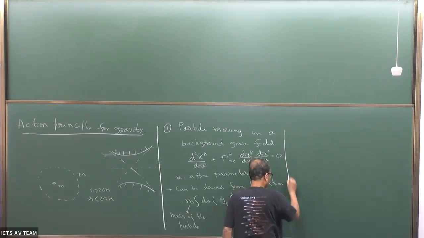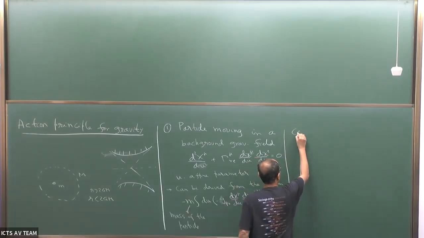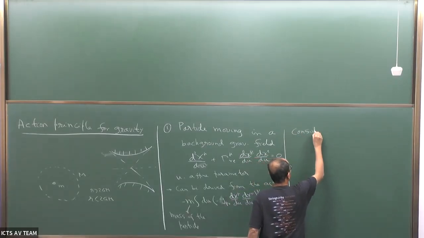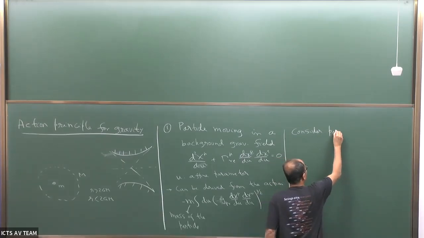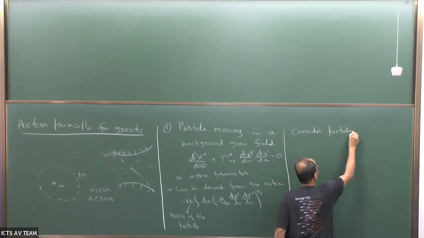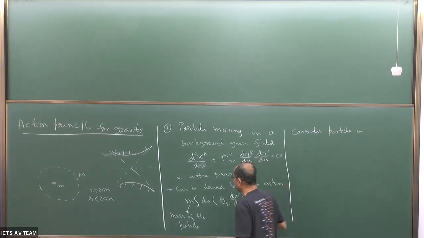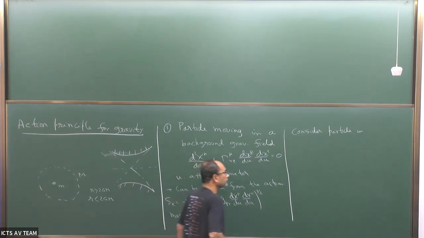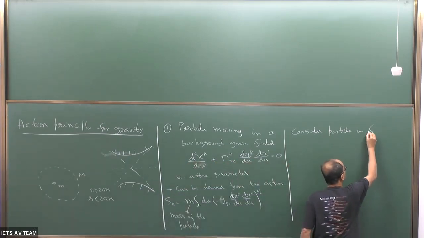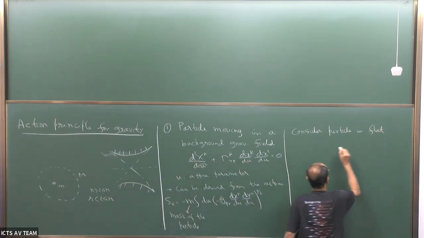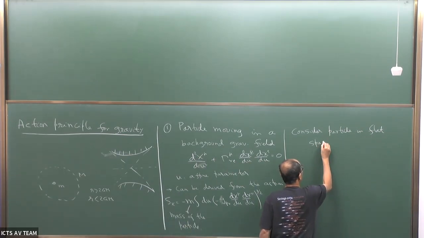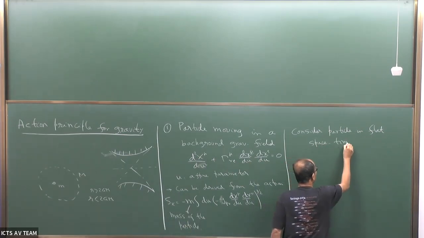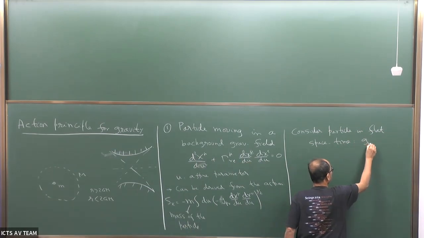So first, let's take a particle in flat spacetime. Let me call this Sx. Okay, which means g mu nu is eta mu nu.